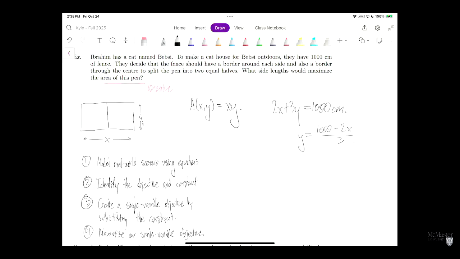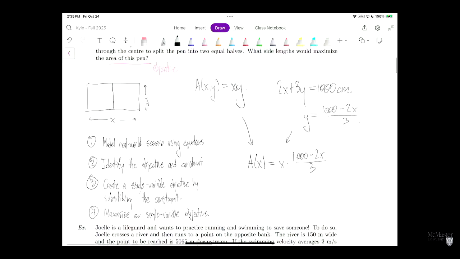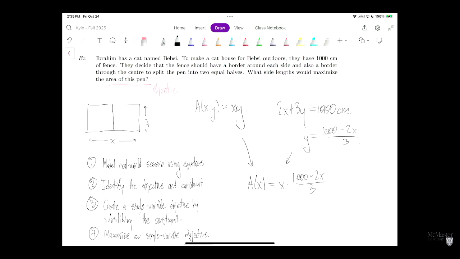We can substitute it back into our objective. So now we can write A as a function of x by writing x times (1,000 minus 2x) over 3. So now we've done step 3. In particular, we want to maximize A now.